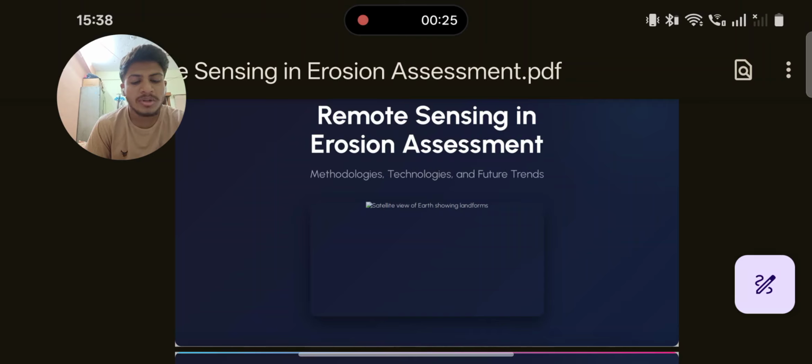It is a complex process influenced by various natural and human factors such as rainfall, slope, vegetation cover, land use practices, and soil characteristics. Assessing and monitoring soil erosion over large areas using traditional field methods is often time consuming, costly, and labor intensive.